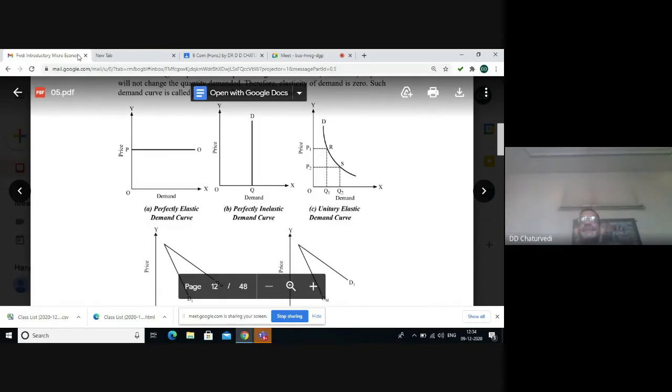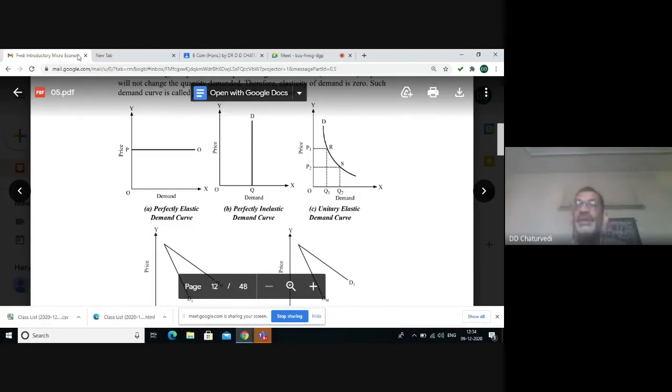And here on the x and y axis we have demand and price respectively. So for this demand curve, the product of price and demand will be constant. And when we multiply price and demand, what we get is called total outlay or total expenditure.